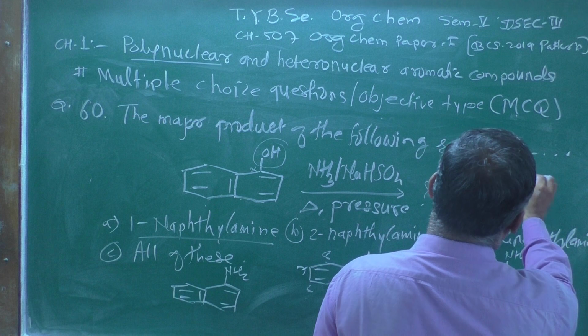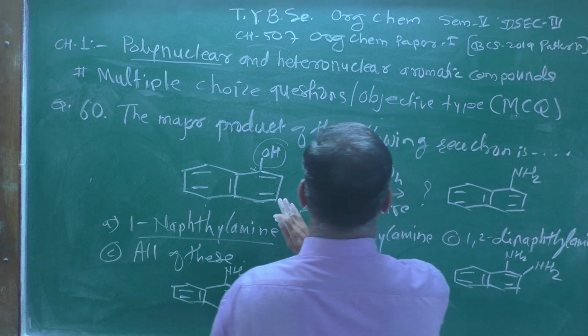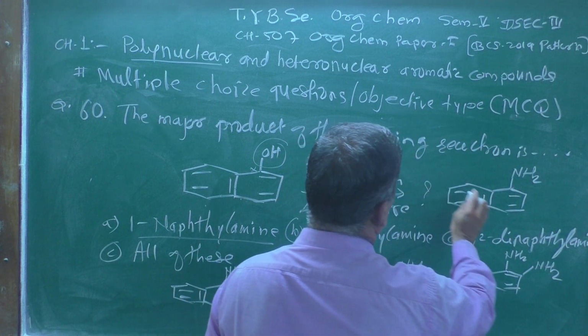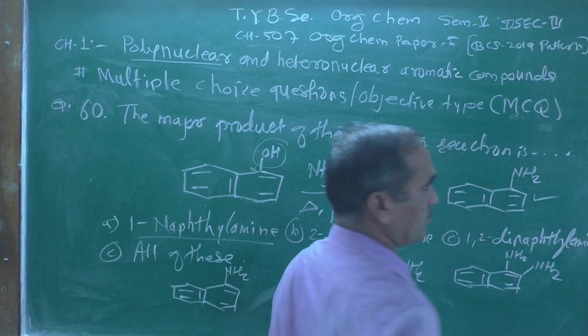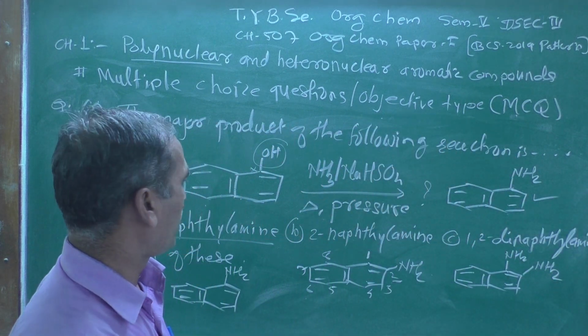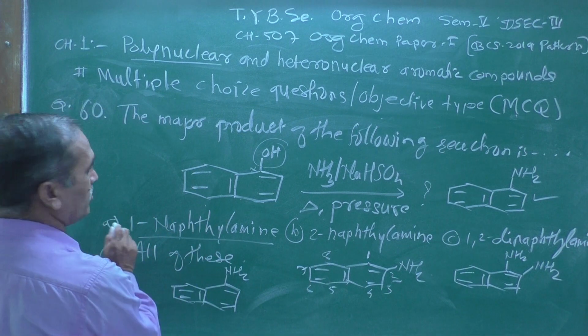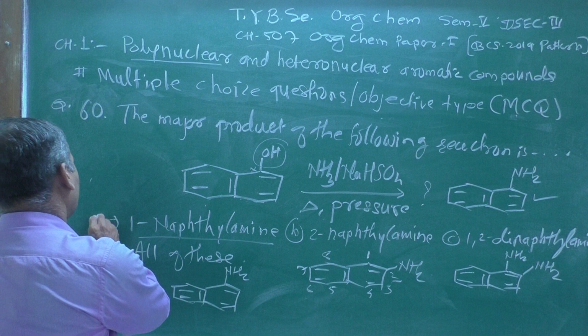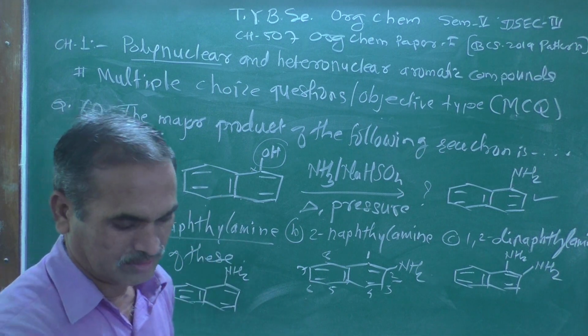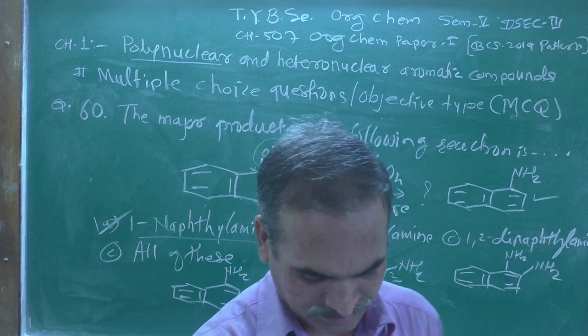Here the NH2 group is formed. After the treatment of this, this is the desired product we are getting. What is the name of it? The name of that product is 1-naphthylamine, and therefore A is the right answer for this.